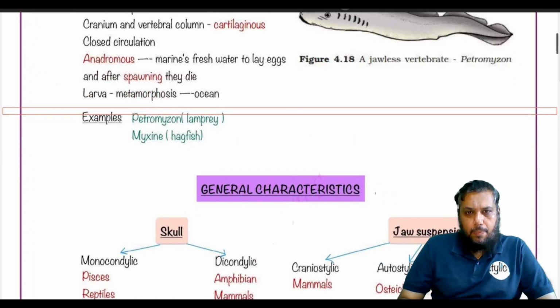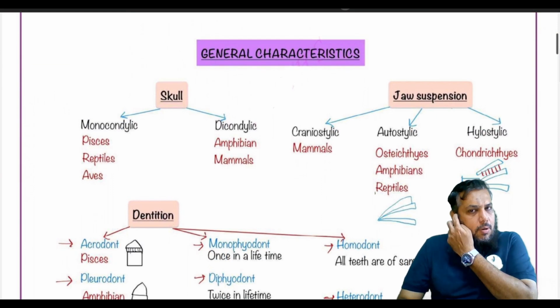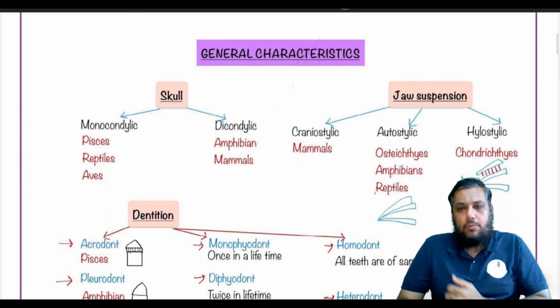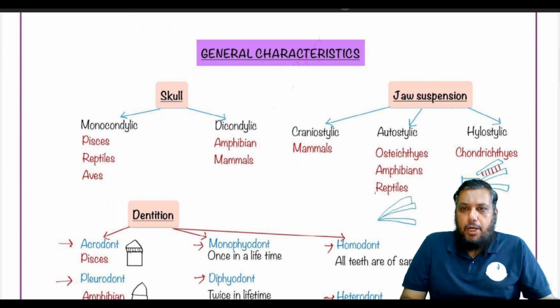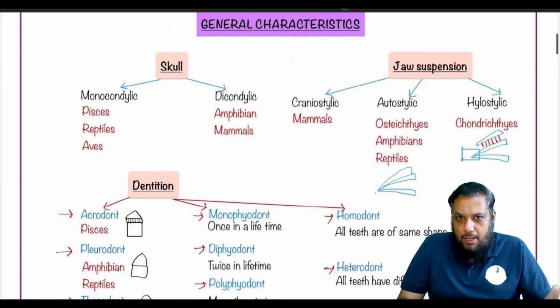Now moving further, we are talking about the next group. That will include the superclass Tetrapoda, and Tetrapoda will include Amphibia, Reptilia, Aves, and Mammalia.